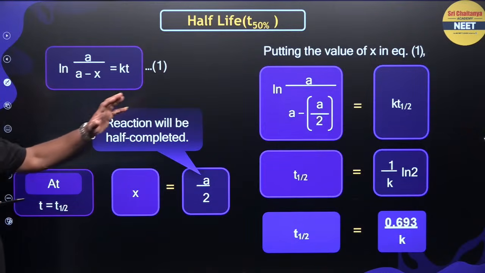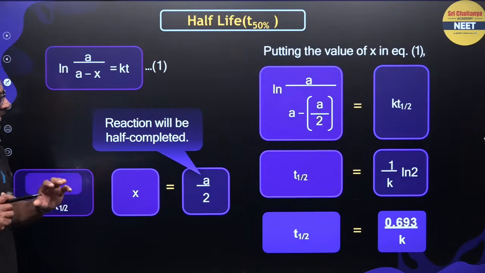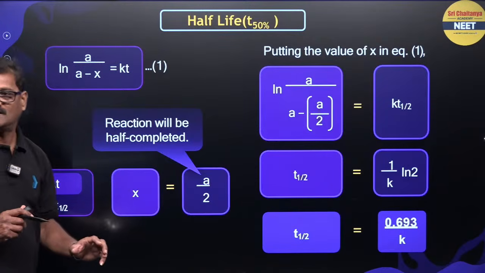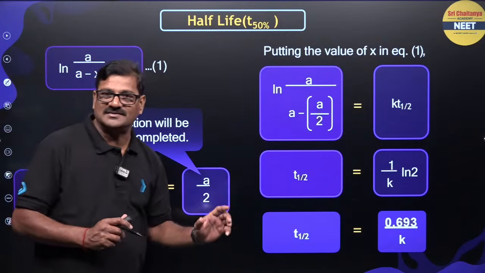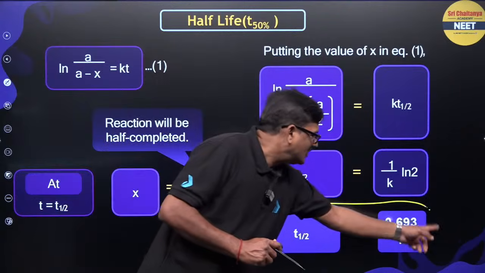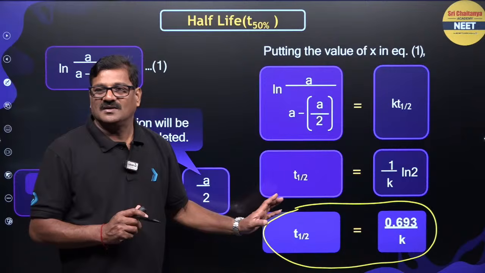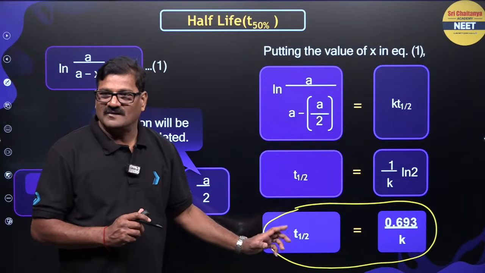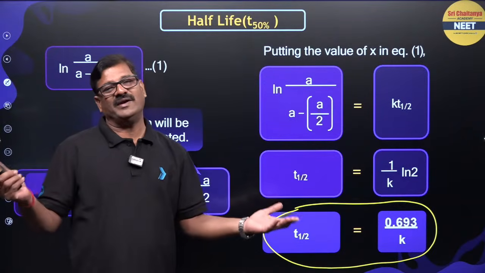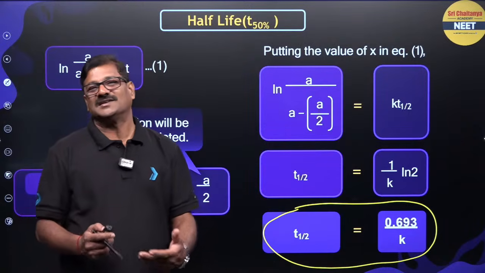And ln A upon (A minus X) is equal to Kt. So putting the values here for half-life, you get t half is equal to 0.693 by K. What do you understand from here? For a first order reaction, the half-life is independent of the concentration.